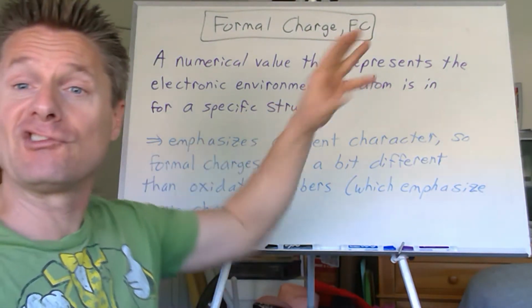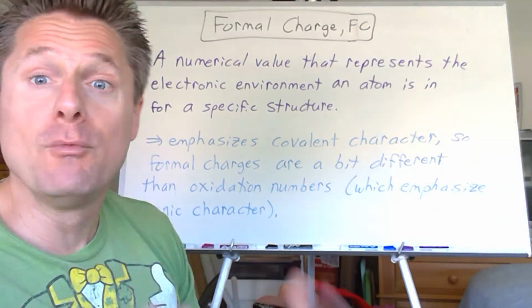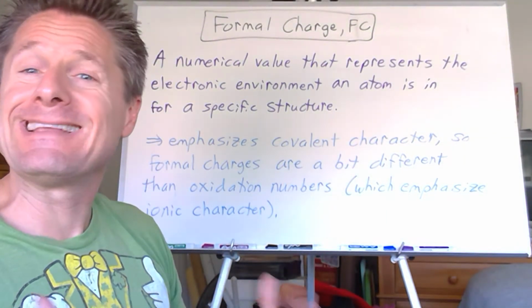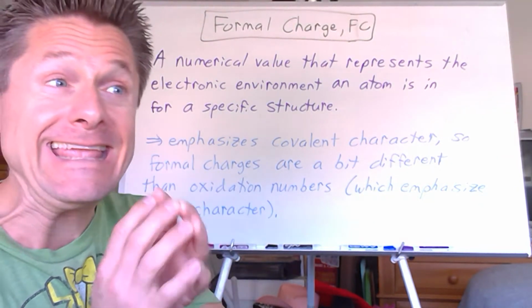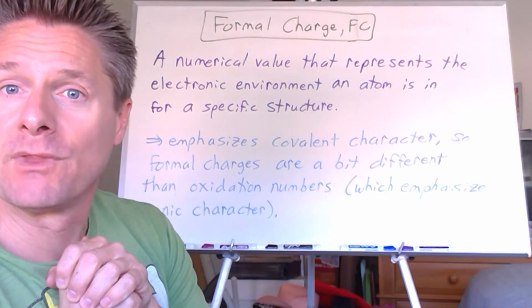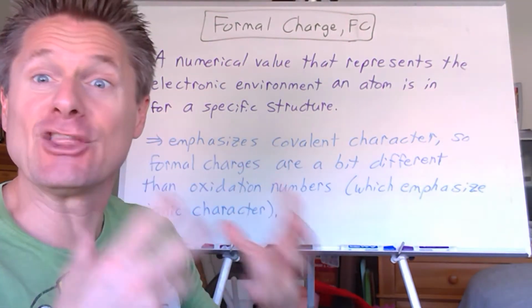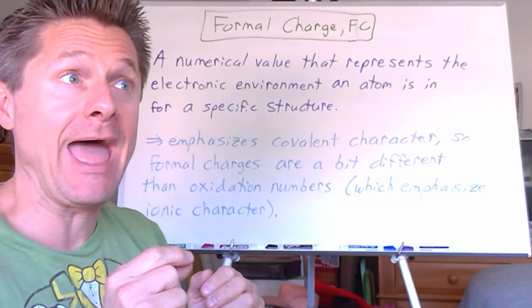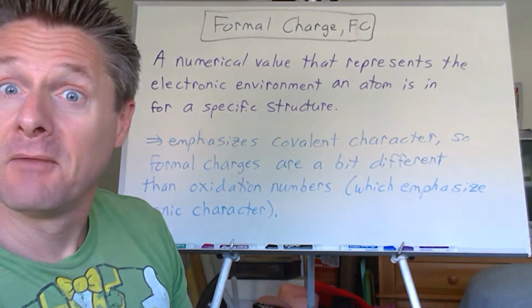So formal charge is a numerical value, a +1, a -2, a 0, some numerical value that represents the electronic environment an atom is feeling or experiencing in some kind of structure. So what's the carbon atom feeling electronically in the carbonate ion versus the carbon atom in a methane molecule versus carbon in carbon dioxide?